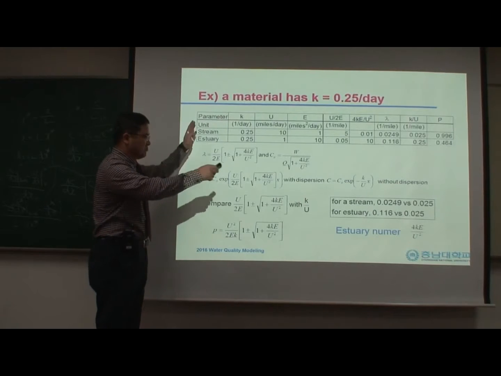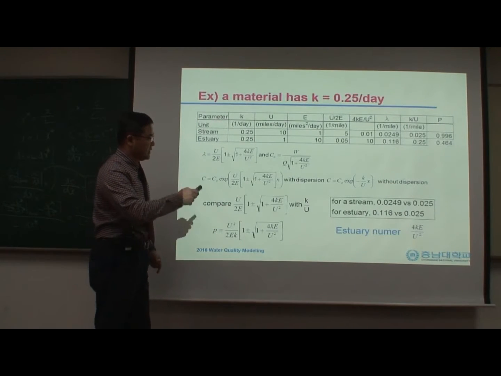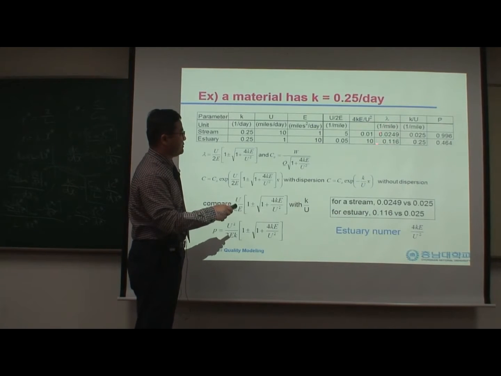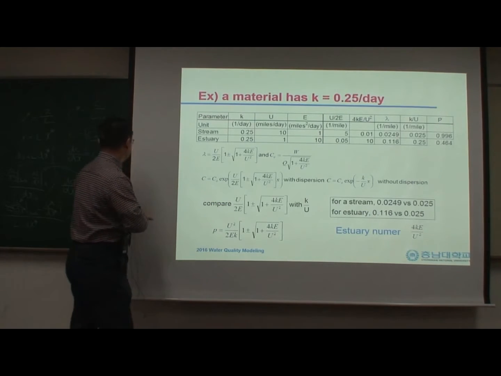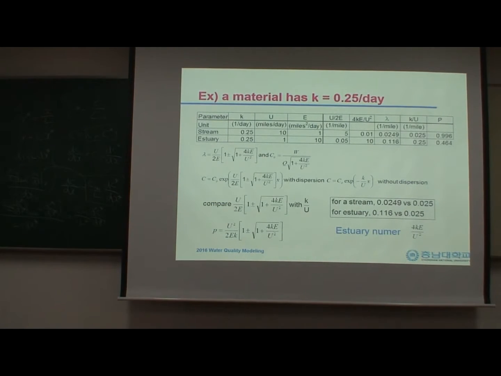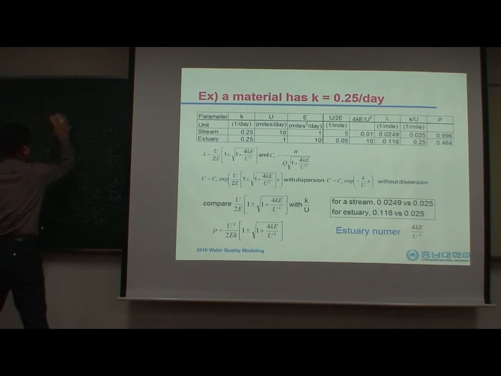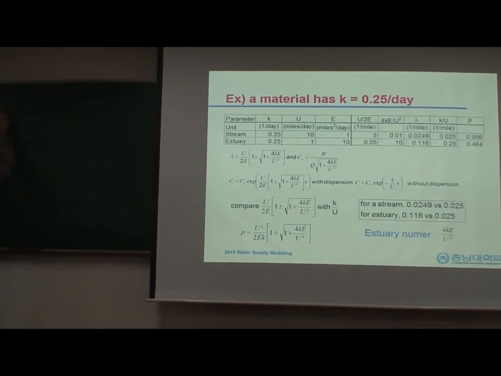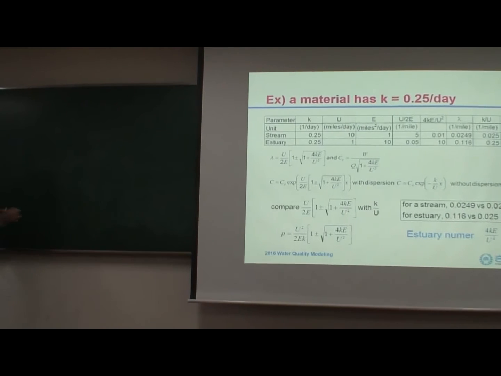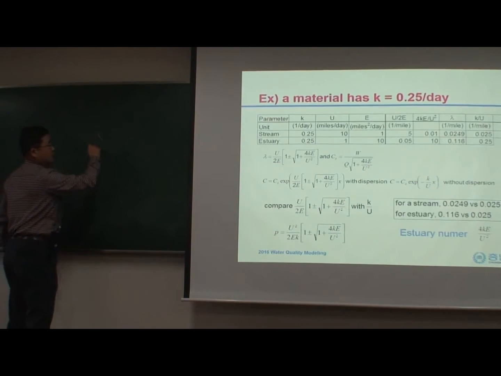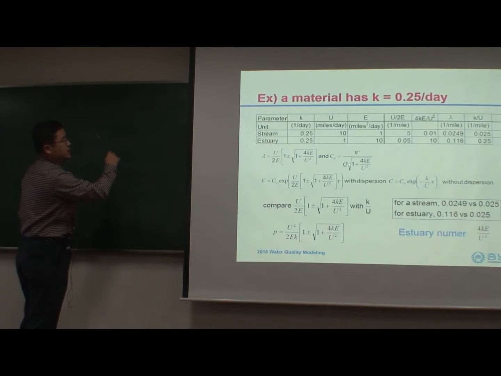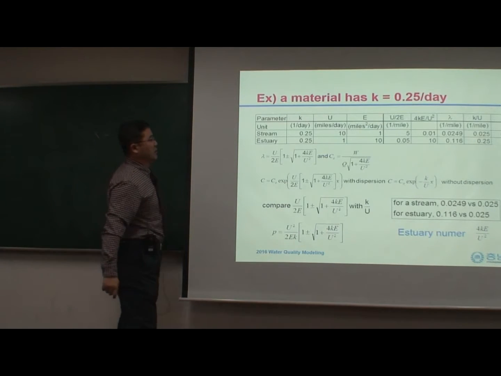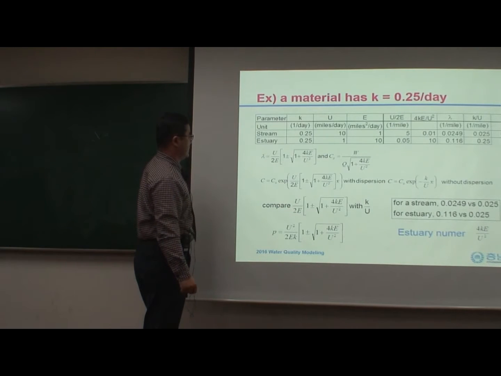Okay, so we have many numbers, but anyway, in here lambda, if you compare this lambda, one is 0.0249, almost 0.025.